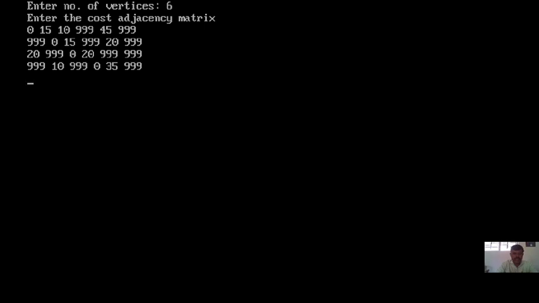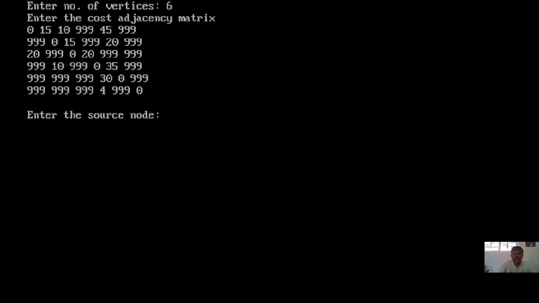Next row: infinity, infinity, infinity, then 30, then 0, then infinity. Last row: infinity, infinity, infinity, 4, infinity, 0. And enter the source node 6.